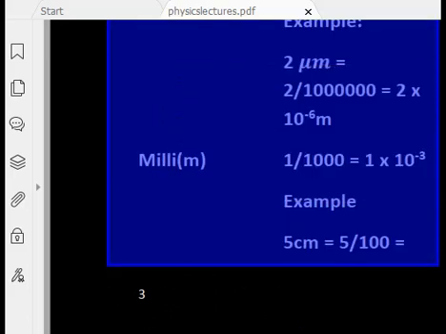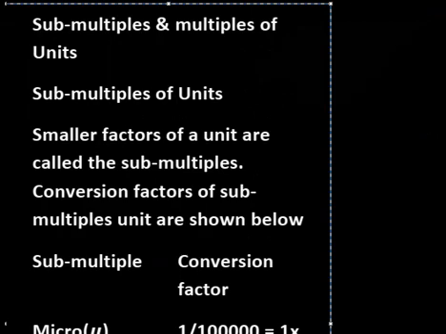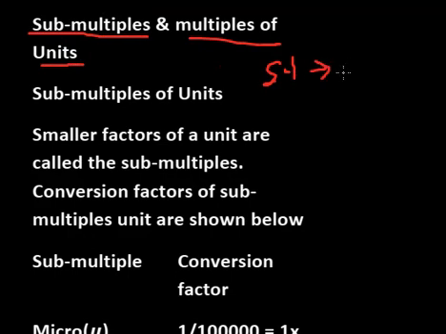So the next subtopic we're going to be looking at is the sub-multiples and multiples of a unit. Now we know that the SI unit specifies one unit as a standard. That doesn't mean there are not other units.